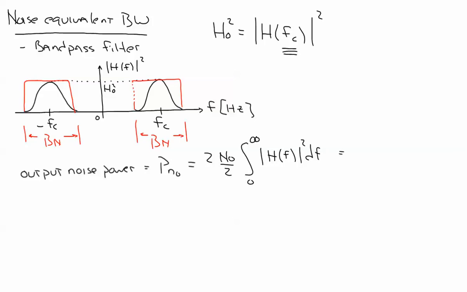And just to remind you, this is the integral over the output power spectral density. This in all cases is S sub x of f times the absolute value squared of my transfer function. And in this case, it's just N0 over 2 times the absolute value of the transfer function squared.